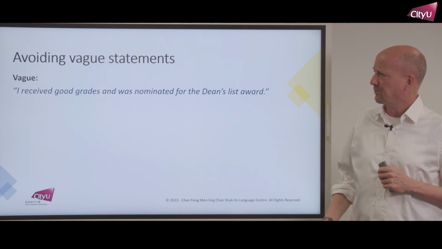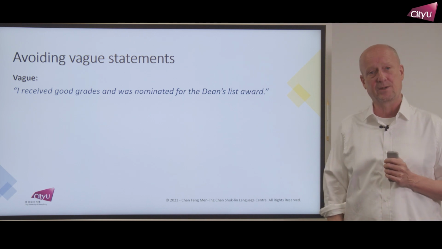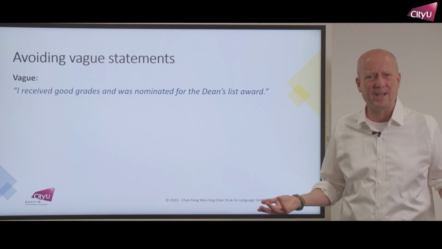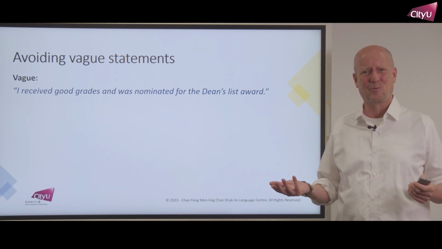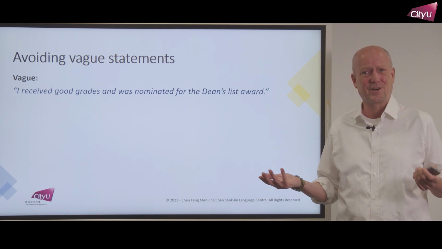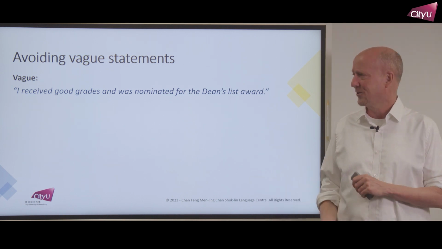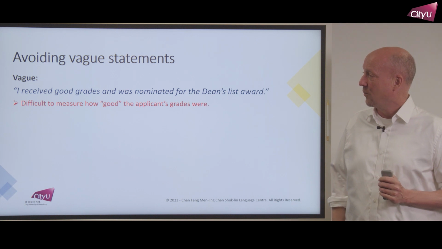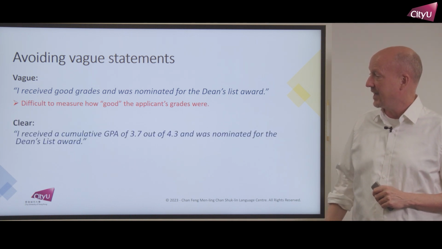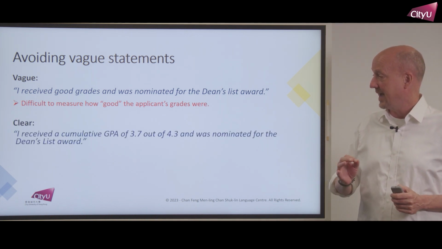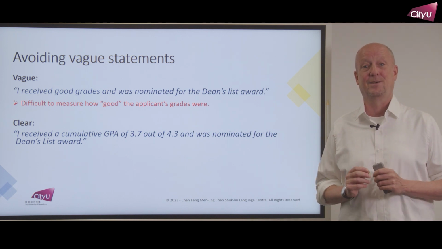So, for example, here's a kind of vague statement. I received good grades. Well, what are the reviewers going to ask themselves? They're going to ask, what do you mean? What's a good grade? Well, much better if you can say, I received a cumulative GPA of 3.7. Okay?